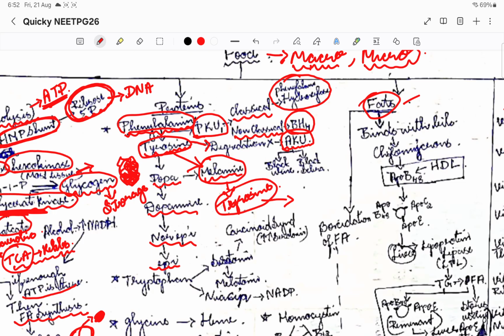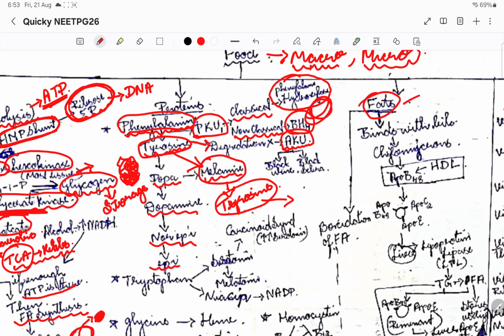If tyrosine degradation is affected, then it is going to be AKU, whereas if phenylalanine degradation into tyrosine is not happening, then it is going to be PKU. PKU has two types. Please remember these two enzymes: BH4 and phenylalanine hydroxylase.